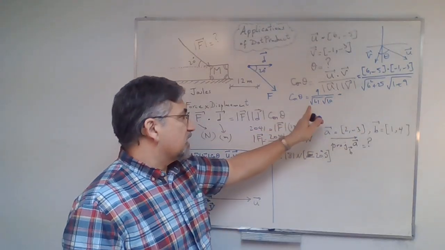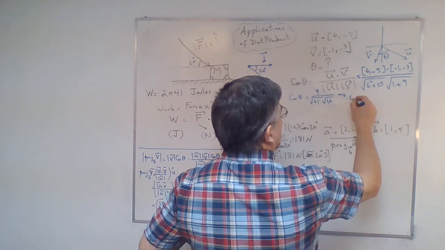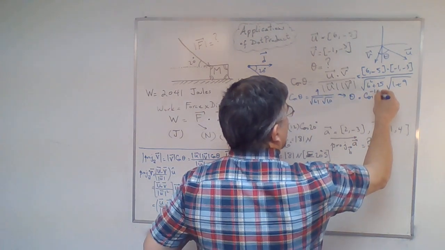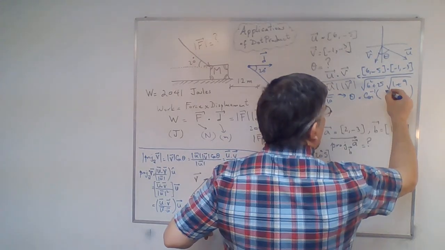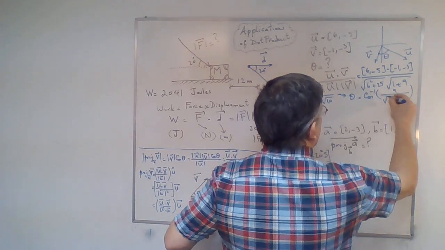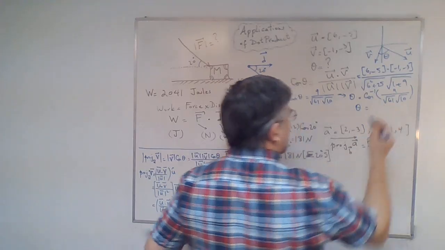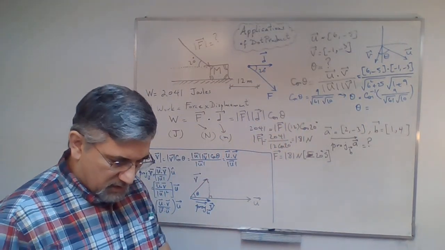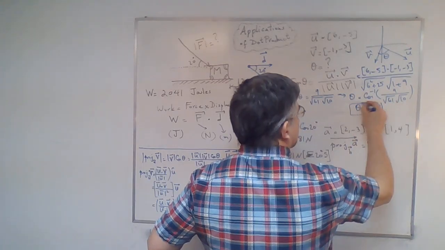So 25 plus 36, that's 61 right there. Now from here, theta would be inverse cosine of that figure, so 9 over root 61 root 10. And if you use a calculator, the answer will be 69 degrees, rounded to the nearest degree.